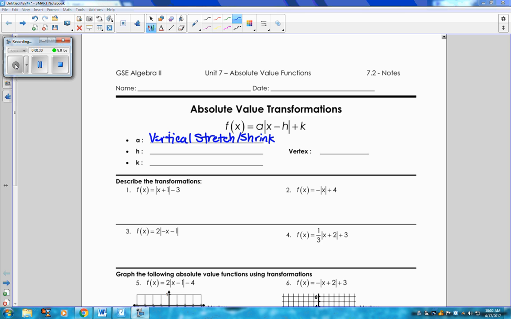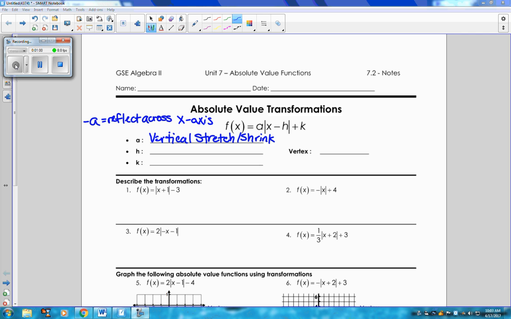Also, if A is negative, that means your graph is going to reflect across the x-axis. So if A is negative, it's going to reflect across the x-axis.